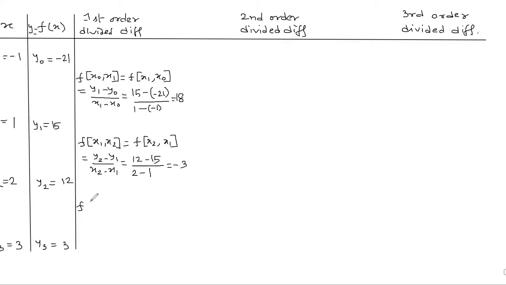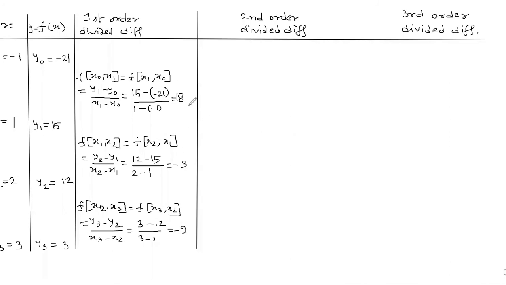And the first order divided difference with respect to x2, x3, which is the same as f of x3, x2, is given by y3 minus y2 divided by x3 minus x2, which is equal to 3 minus 12 divided by 3 minus 2. So here we are getting minus 9. So these are all the possible first order divided differences with respect to the arguments.